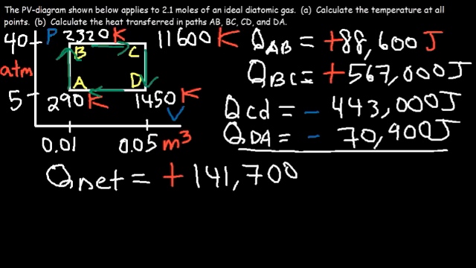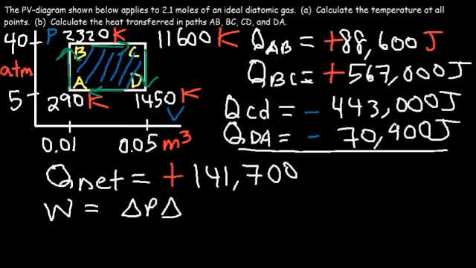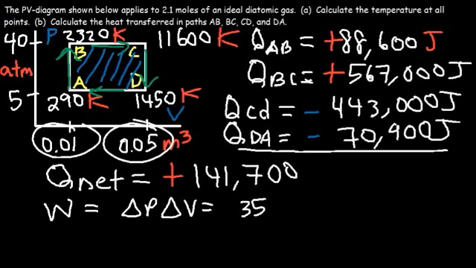Now, what is the work done in the cyclic process? We know the work done is equal to the area of the shaded region. And since we have a rectangle, it's basically the length times the width. The length is basically the change in pressure. The width is the change in volume. The change in pressure is 35 if you subtract 40 minus 5. And the change in volume, 50 liters minus 10 liters.